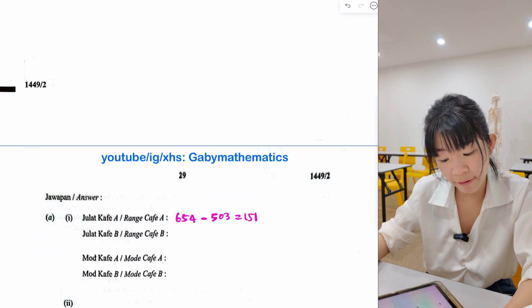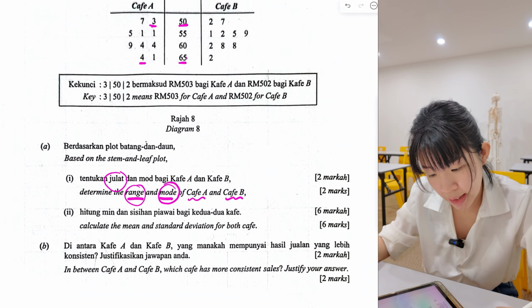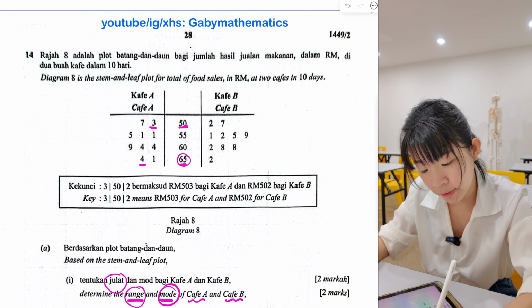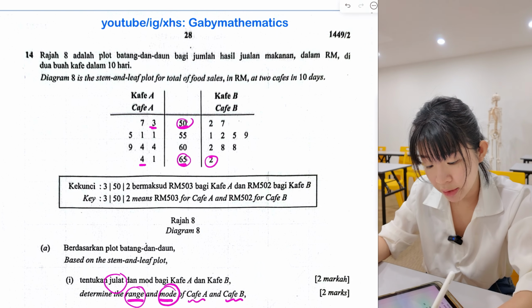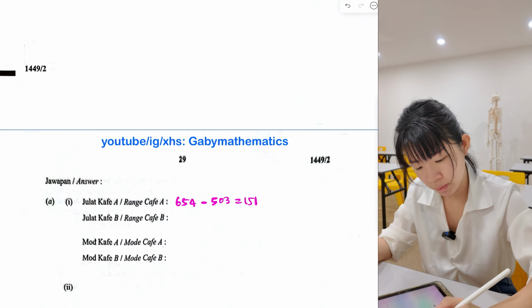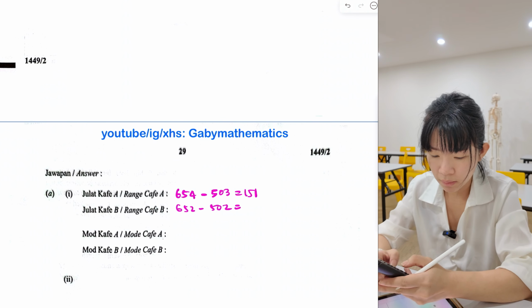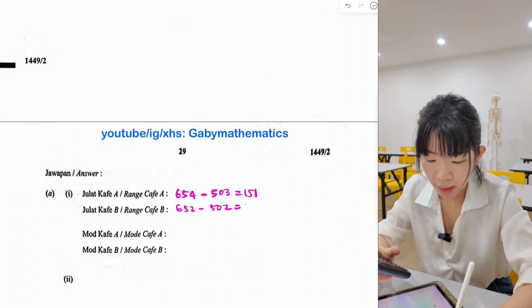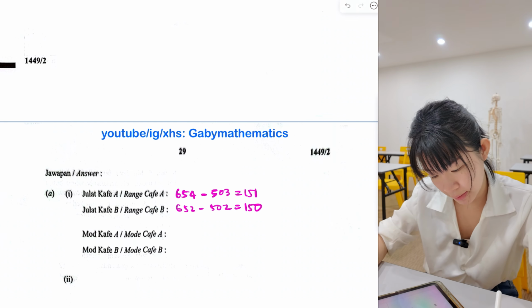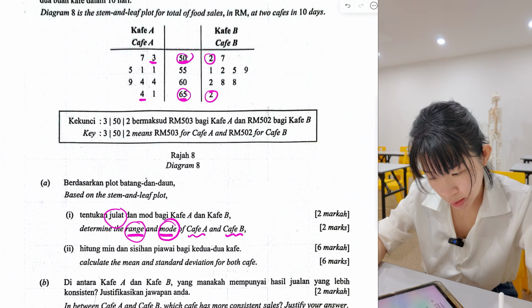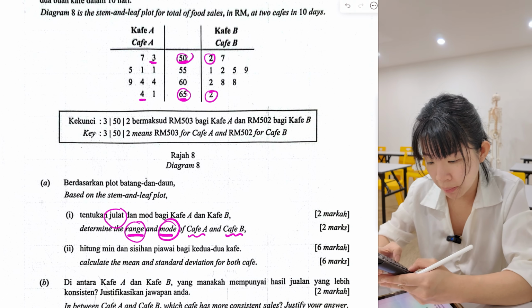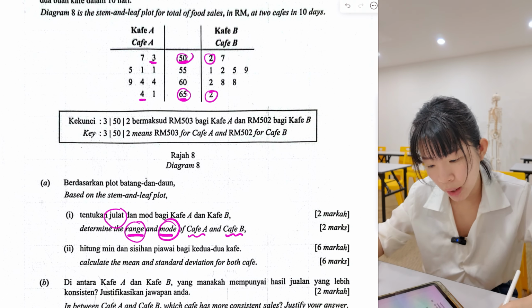So that's the range of cafe A. Okay, the range of cafe B, the biggest data is 652, the smallest is 502. 652 minus 502, so it is 150. Let me check one more time. 652 minus 502. Okay, 150.